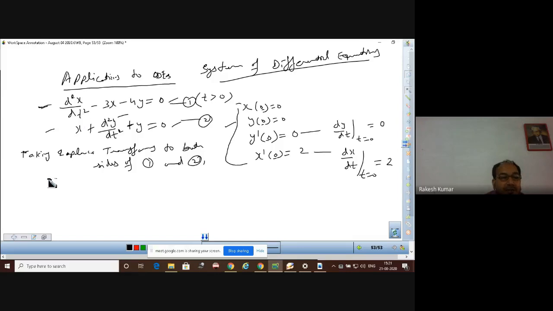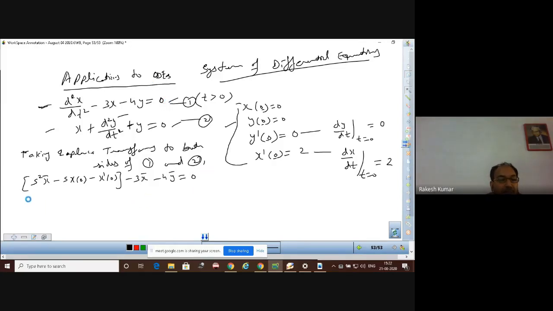This is a second order derivative term. Then you will start with s square x bar because the dependent variable is x here. So s square x bar minus s x of 0 minus x dash 0. This is the way by which we can find out the Laplace transform. Minus there is 3, Laplace of x is x bar and Laplace of y will be y bar, and on the right hand side there is 0.